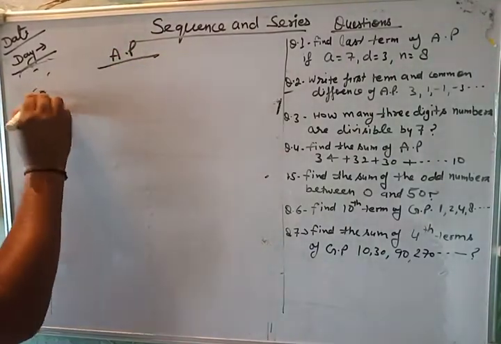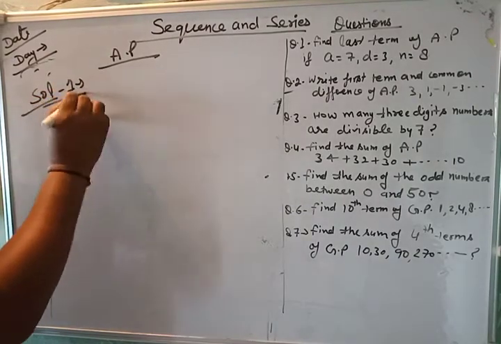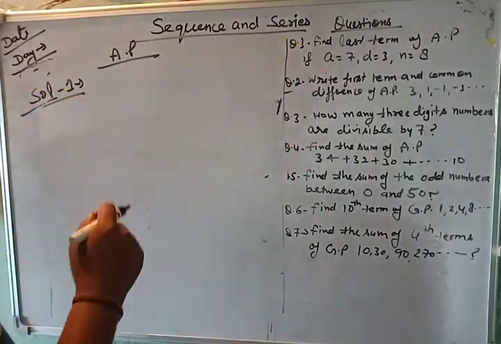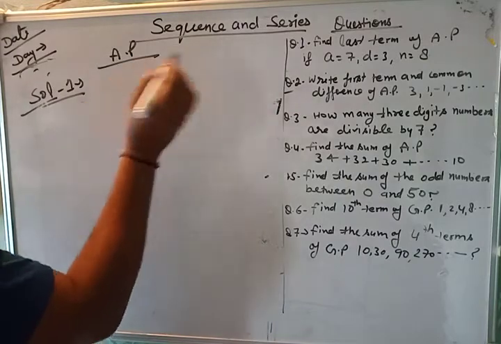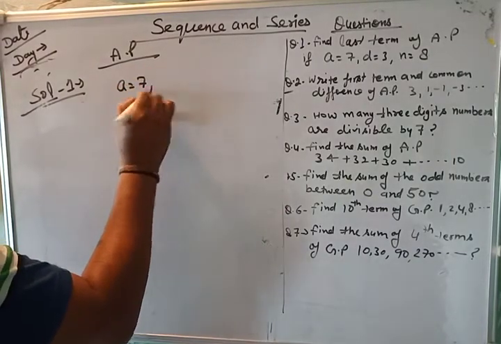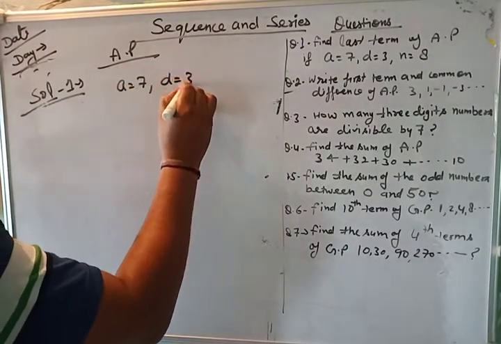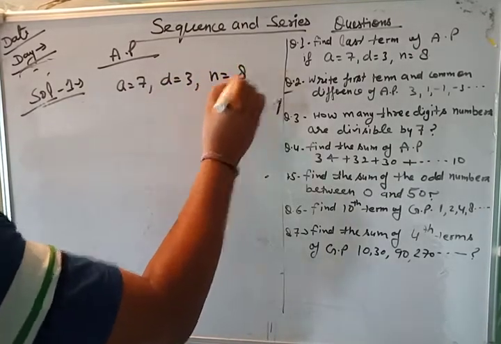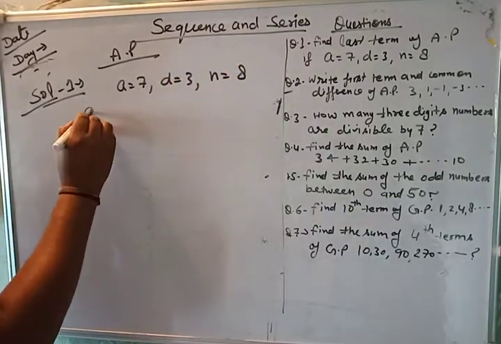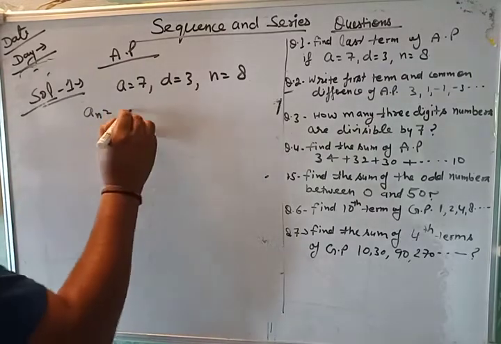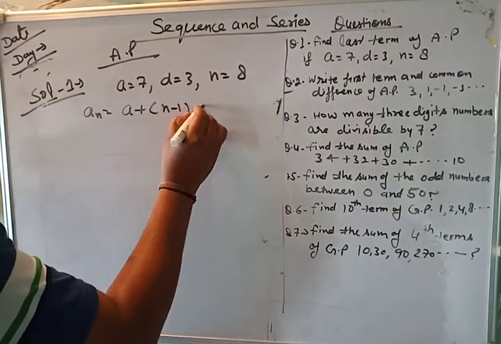Solution of the first question. We will find the last term. We have given a equal to 7, d equal to 3, n equal to 8. So for the last term we use the formula: a plus n minus 1 into d.